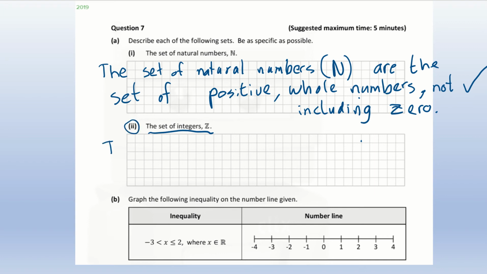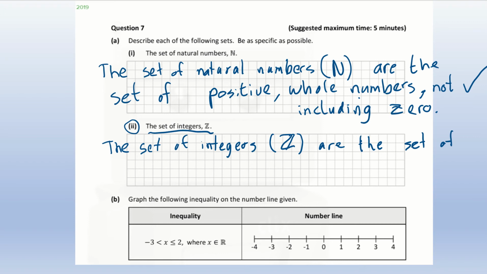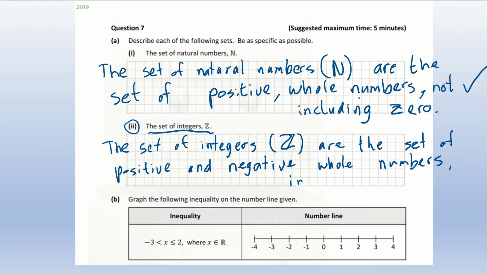And I'm going to say this is the set of integers, Z, are the set of positive and negative whole numbers, and including 0.